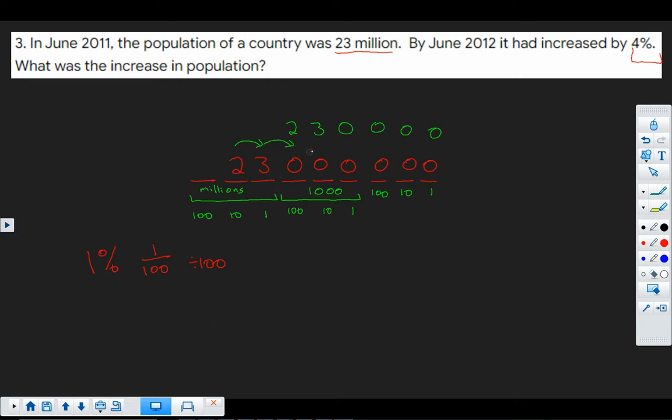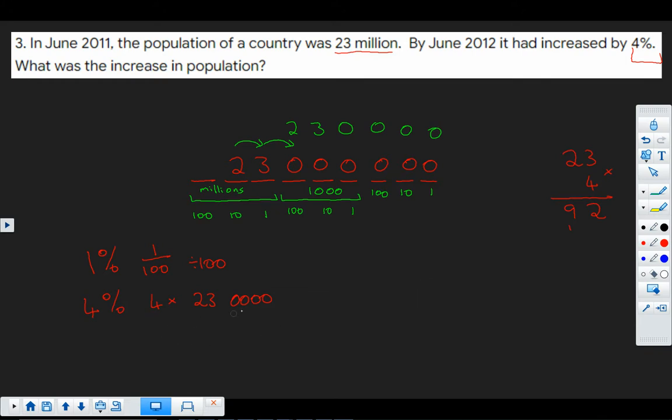Now, instead of 1%, I want 4%. So that's 4 lots of 23 with 4 zeros after it. Let's just do our 23 times 4 over here. 4 threes are 12, 1, 92.